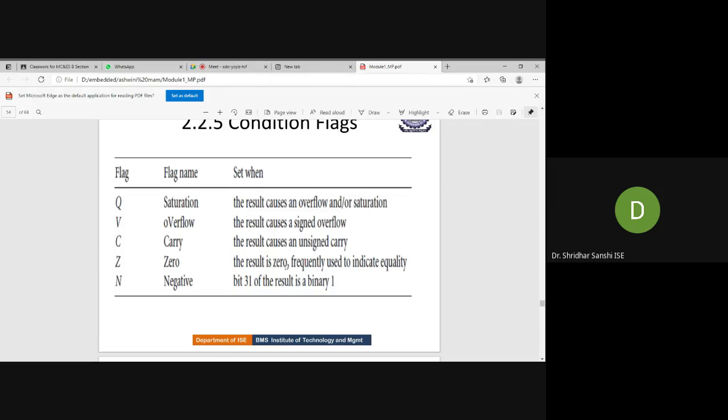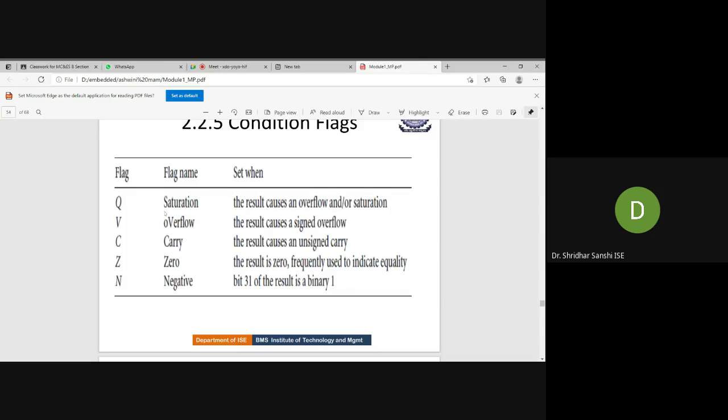The result is 0, frequently used to indicate whether two registers are equal or not. So if I do the operation in the ALU to subtract one register value from another, and the result is 0, then this flag bit is set to 1. Do you understand?